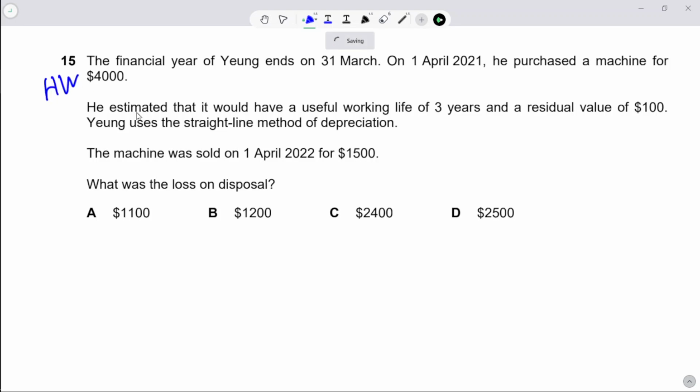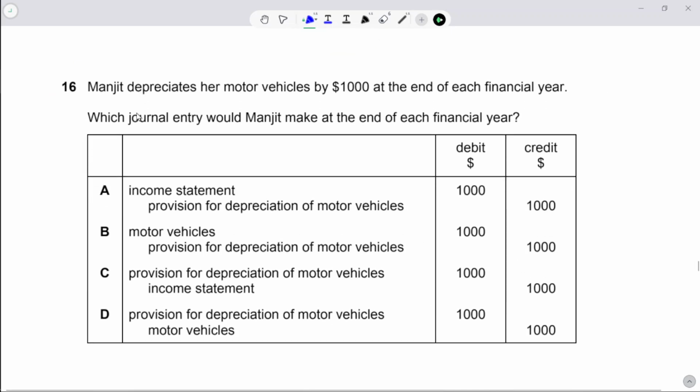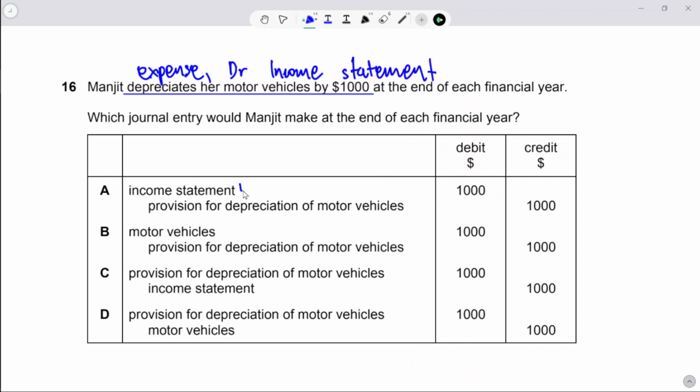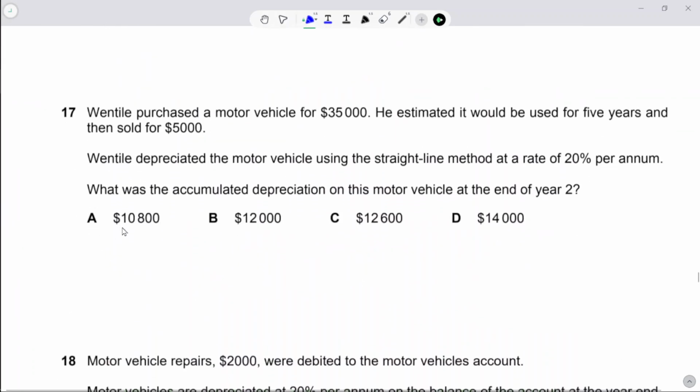And let's continue. Okay. So you want depreciate something. Depreciate is an expense. So debit income statement. Debit income statement is A. Okay. Let's continue.